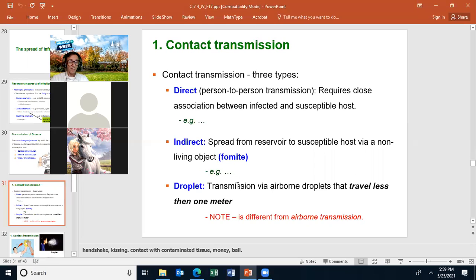Droplet transmission is transmission via an airborne droplet that travels less than 1 meter. This is different than airborne transmission, which I'll talk about later. Airborne transmission is where it travels more than 1 meter.